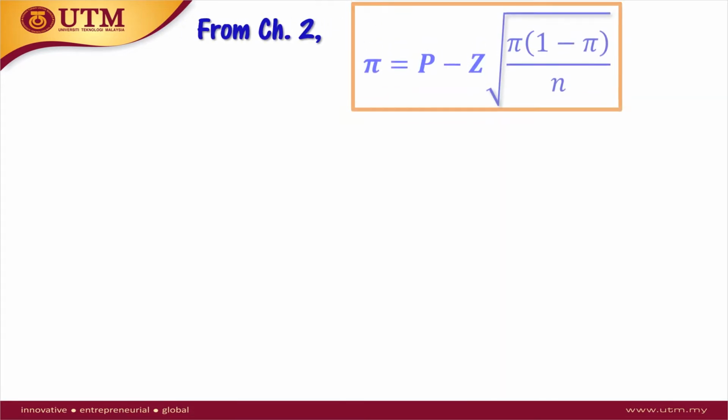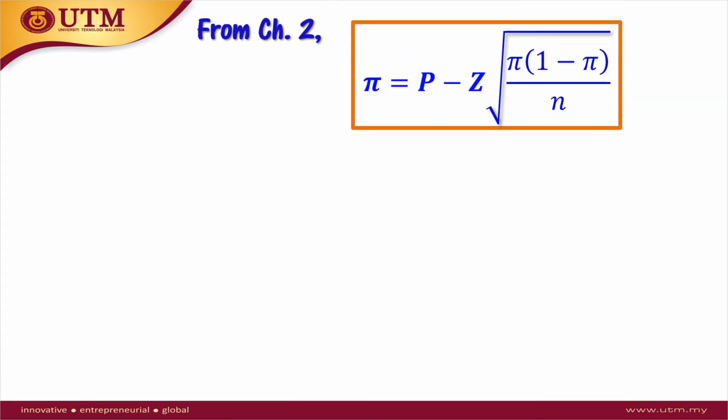Previously, we knew that pi can be expressed as p minus z times square root of pi times 1 minus pi over n.